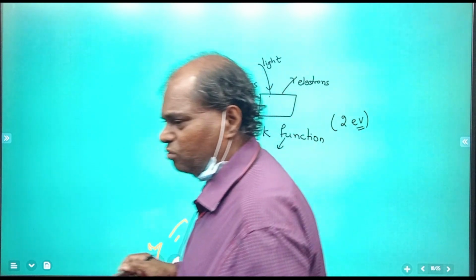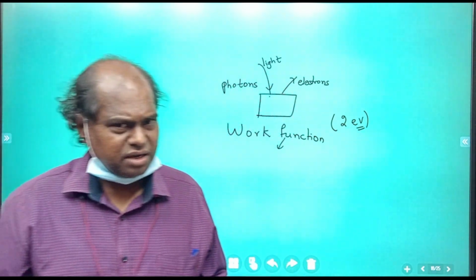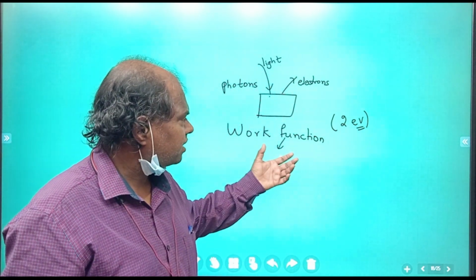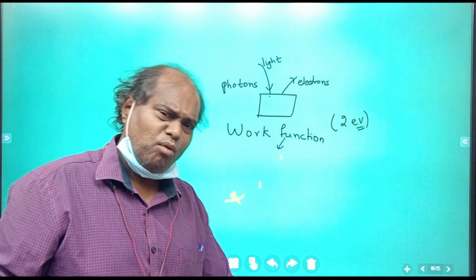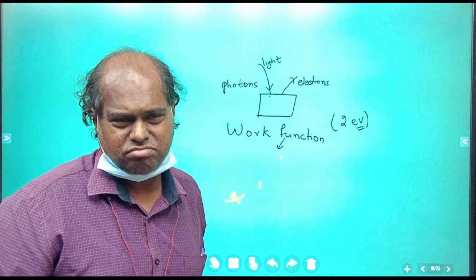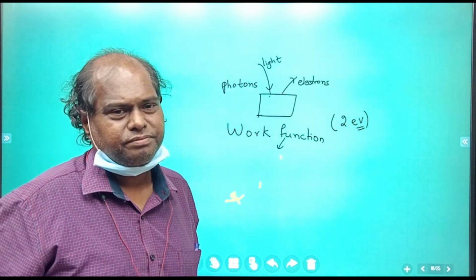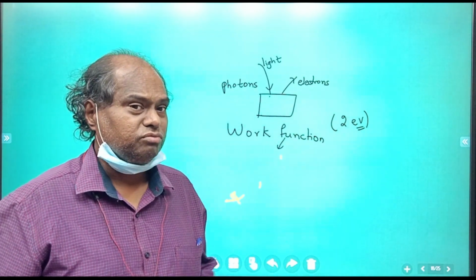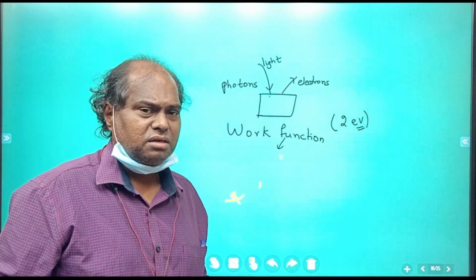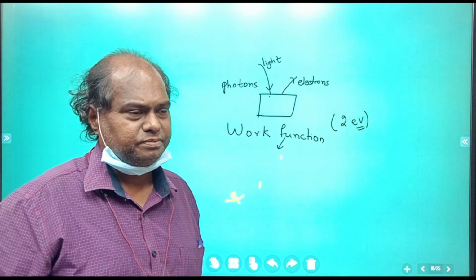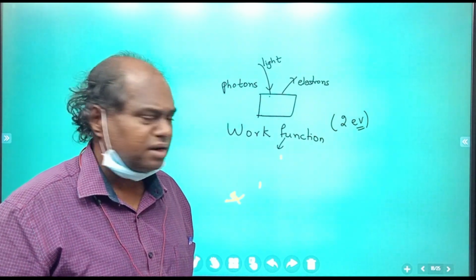So if I say 2 electron volt, that means the minimum energy required for an electron to come out is 2 electron volt. If you give more than 2 also, it will come out, not an issue. Clear? But you should give minimum 2. If you give less than 2, like for example, if you give 1, then electron will not come out. So you have to give that minimum energy, right?